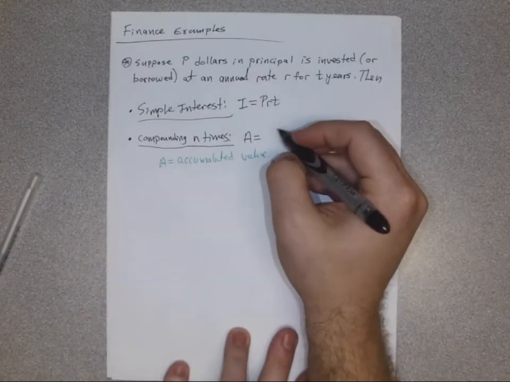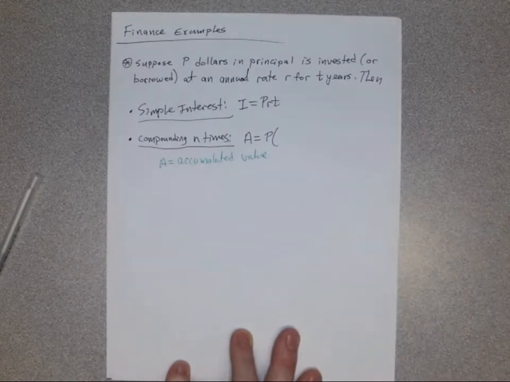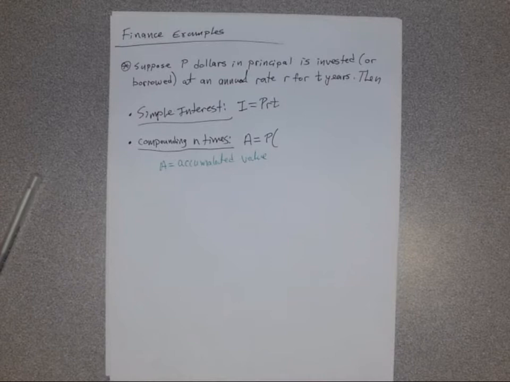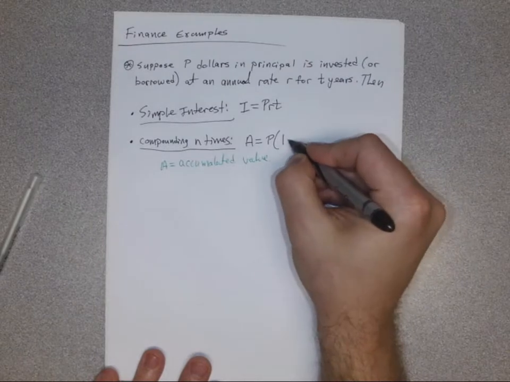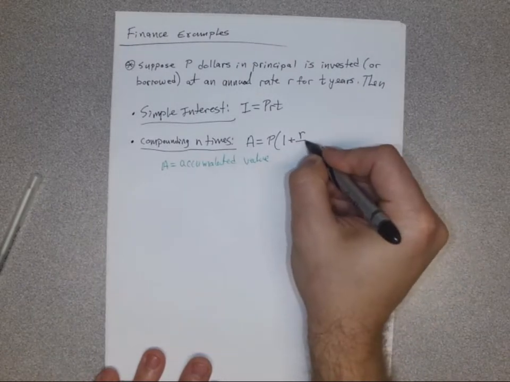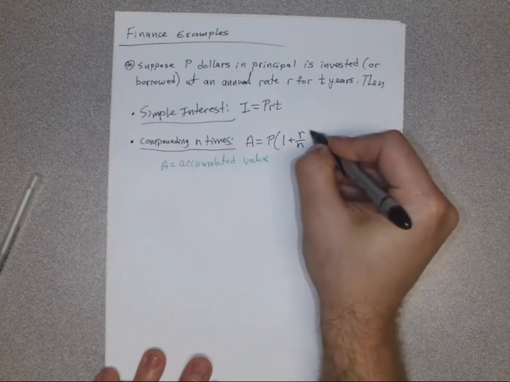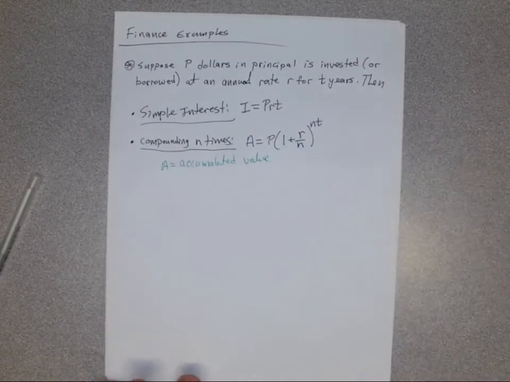So A is equal to our principal P, and you might just want to watch me before you write this down, because it's not complicated, it's just weird. So just watch me before you write it. We're opening a parenthesis, then we have 1 plus R, our rate, divided by N, raised to the N times T power. That is our compounding formula.